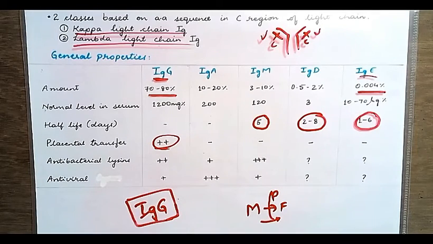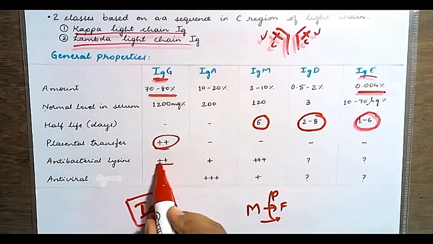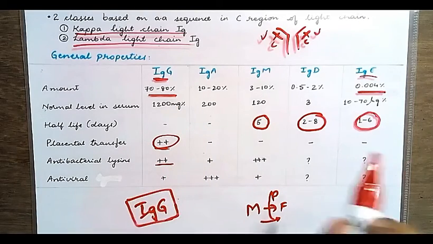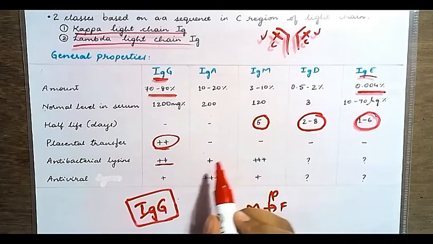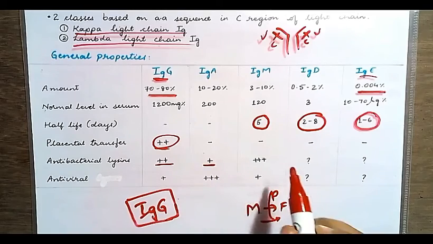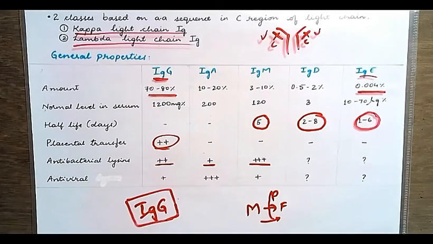The antibacterial property, that is the property of an immunoglobulin to act against bacteria. IgG is a potent antibacterial, bactericidal, whereas IgA has some properties, whereas IgM is a very potent antibacterial immunoglobulin.